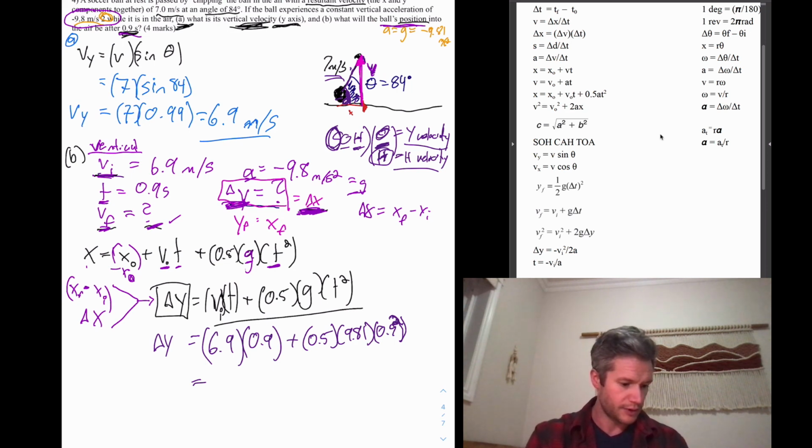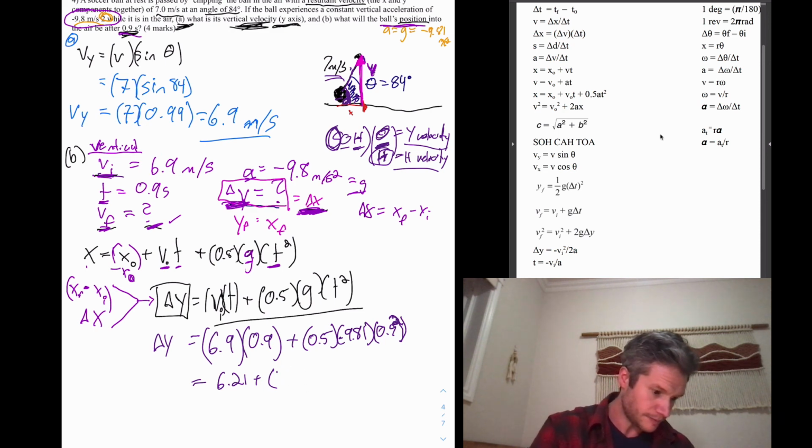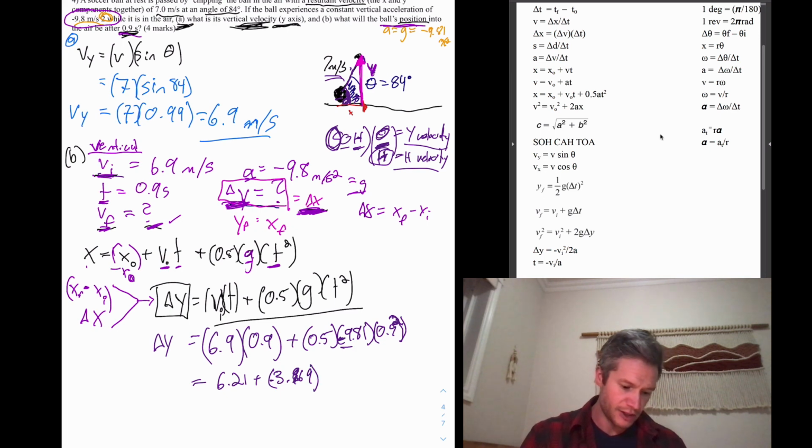If we go 6.9 times 0.9 equals 6.21, and then the second component, when we multiply all that together, we actually get a negative 3.969. That's negative, again, because gravity is in the downward direction relative to our initial velocity, which has an upward, vertical positive direction.